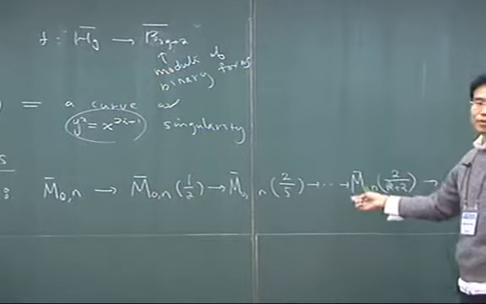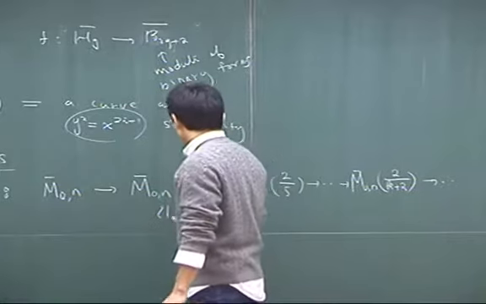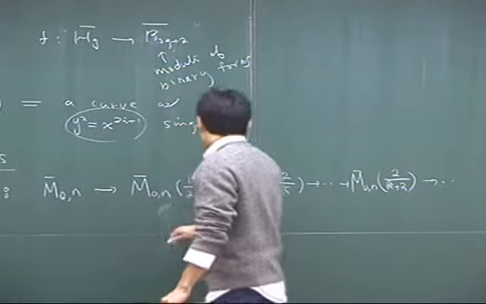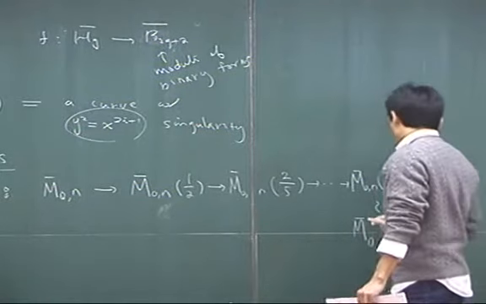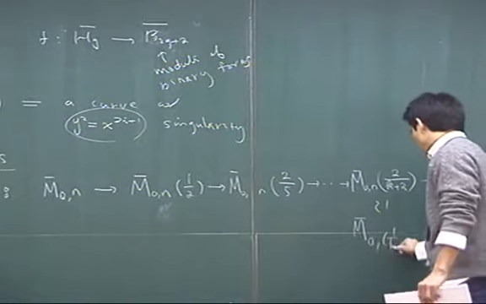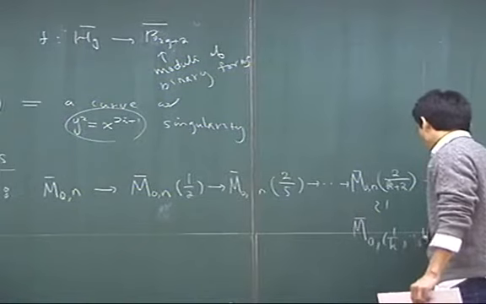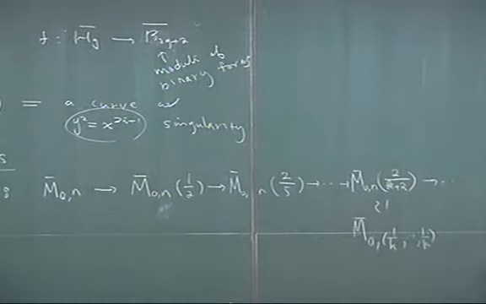The critical values are given by this simple formula. And he also shows that these spaces are isomorphic to weighted pointed curve spaces with symmetric weights 1 over k, dot dot dot, 1 over k. So this is Hassett's weighted pointed curve moduli space.